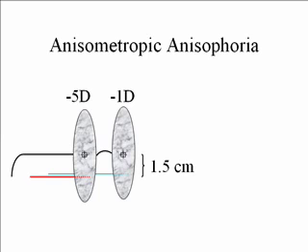Now, in truth, a patient may be intolerant to these spectacles, but the reason that the patient is likely to be intolerant is not because of anisometropia, but because of aniseikonia, a difference in the size of the images produced on his two retinas and a mismatch between that size.